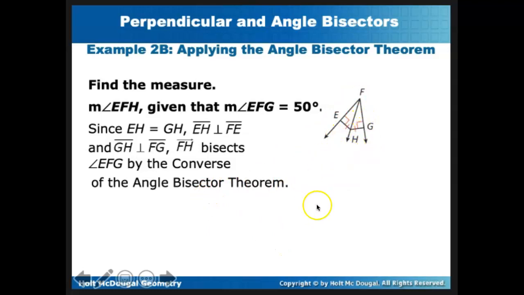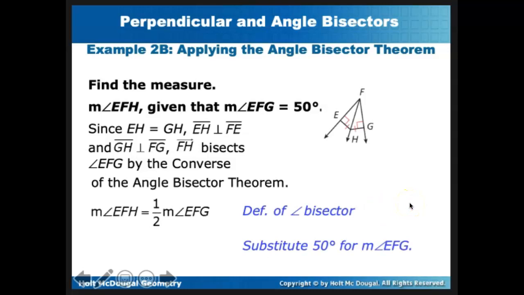EFG, that's the whole angle, so it has to be 25 degrees. And there it is, 25 degrees. And this is our proof in paragraph form, and then they just finished it up in 2-column form.